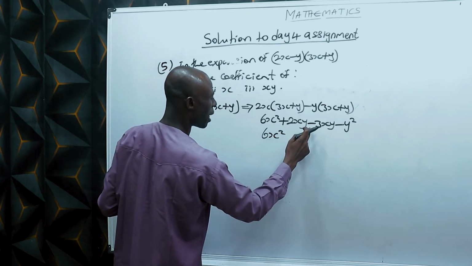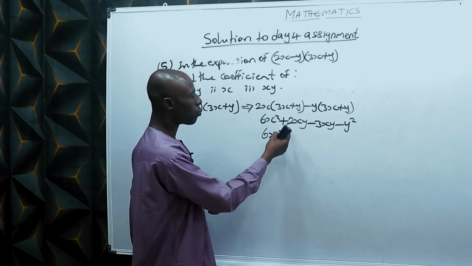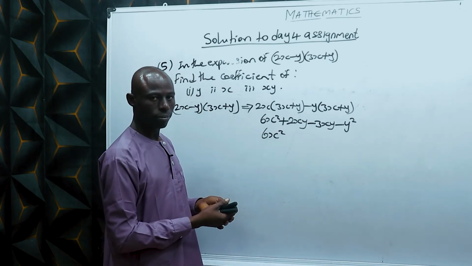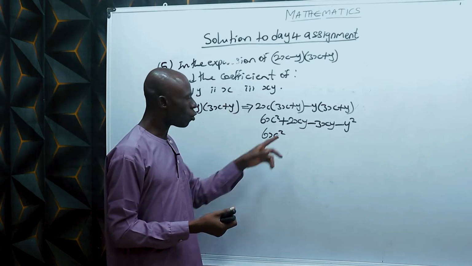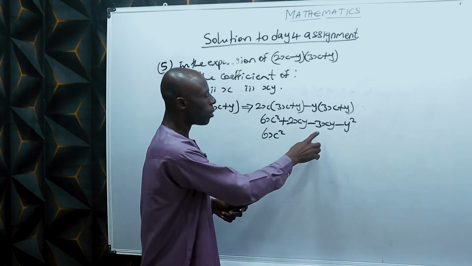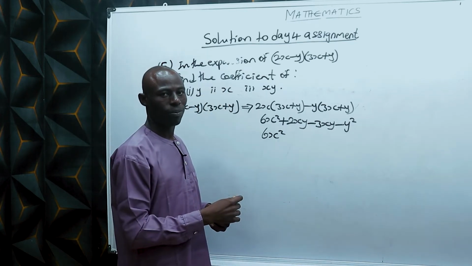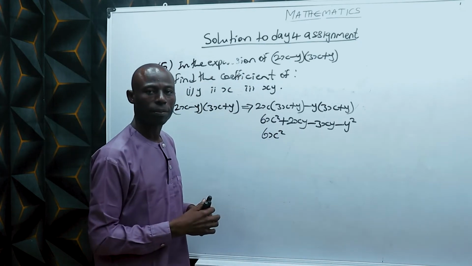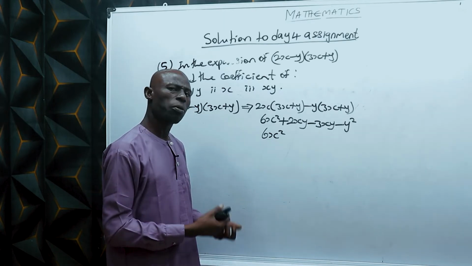plus 2xy minus 3xy. Let's say the xy is an entity, an item. You have two items personal to yourself, but you now hold 3 of such items, meaning that the 2 you have for yourself cannot even pay up your debt.